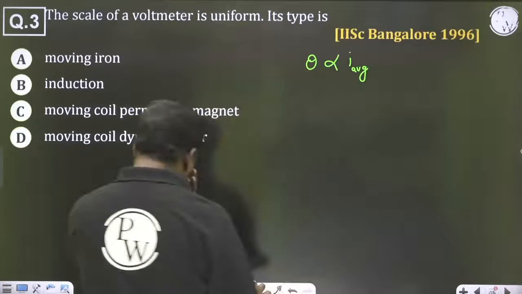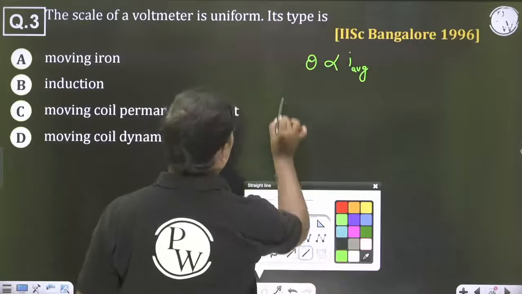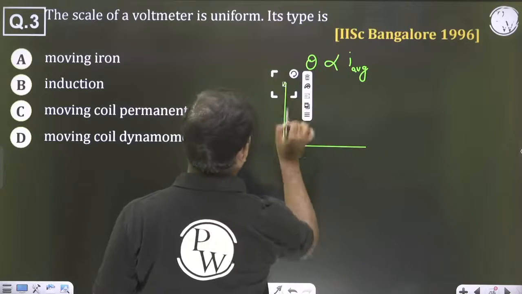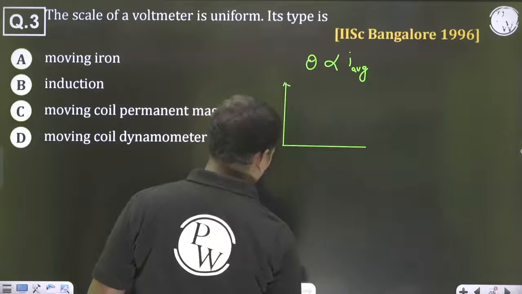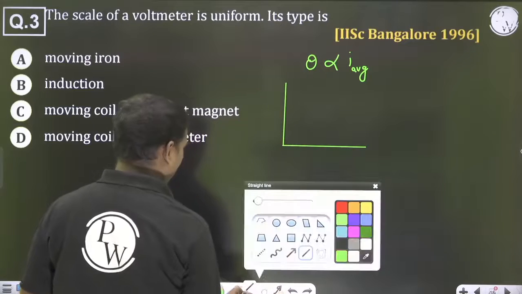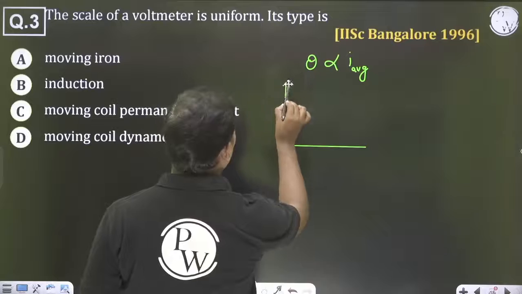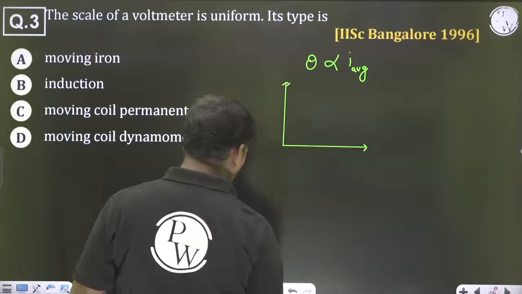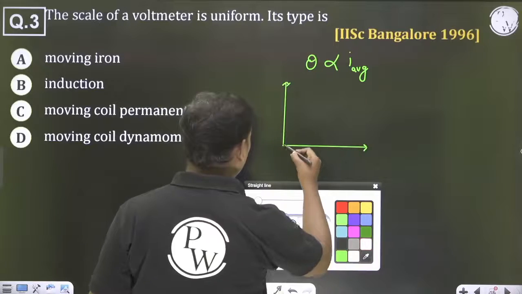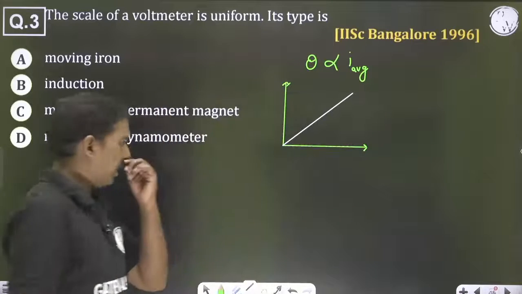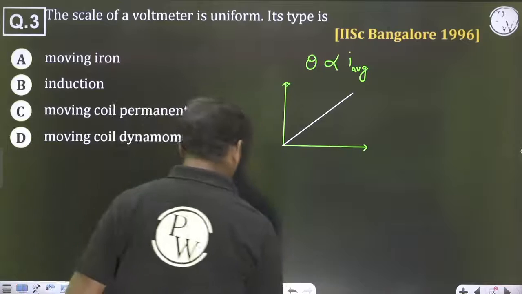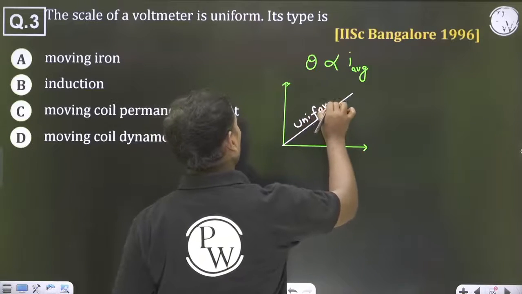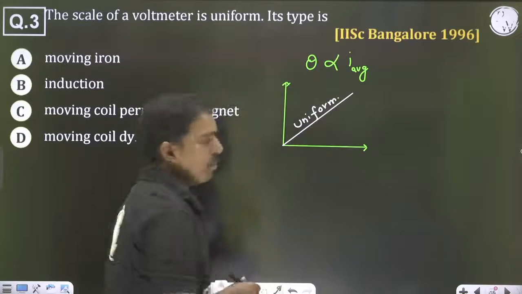That means if you take the scale like this, this is the scale which is uniform. This is the nature of the PMMC.